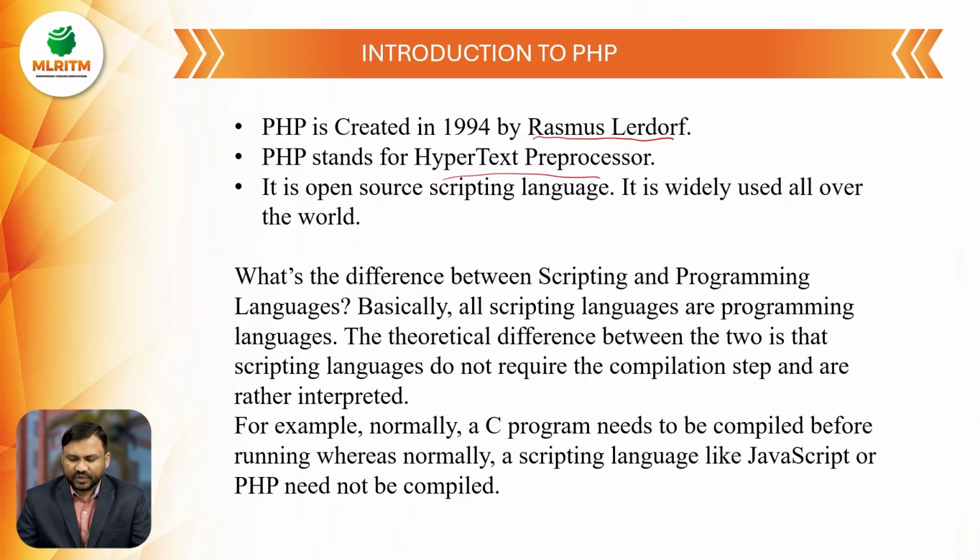The theoretical difference between the two is that scripting languages do not require compilation, whereas programming languages like C or Java are compiled languages, while PHP is an interpreted language. So we can say PHP comes under scripting languages.